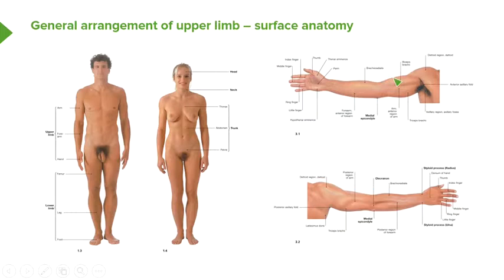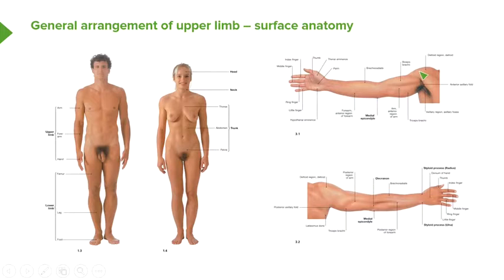On this picture, we can see an anterior view of the upper limb, and we can see more surface features. We can see this shoulder region, and a region known as the axilla. This is your armpit, and we can see the deltoid, this muscular region that covers the shoulder joint, and we'll look at the deltoid muscle in quite some detail.